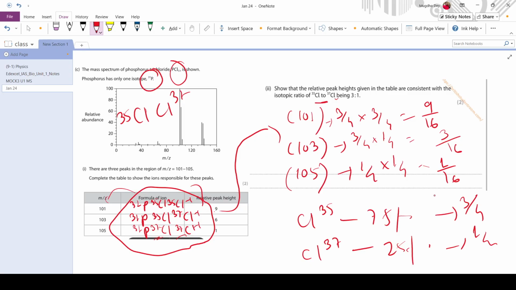35 is to 37. So if you find the ratio, I mean, what they're trying to say here is whether it's 3 is to 1 or not. The peak heights have to be 9:6:1. The numerators have to be 9:6:1 somehow. Then we can understand.